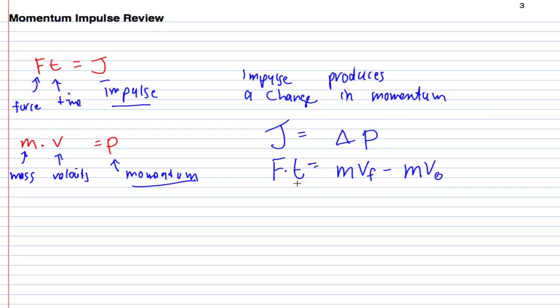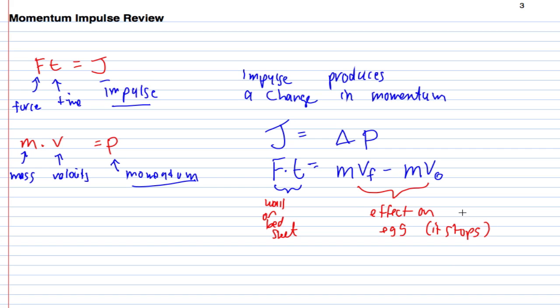So in other words, the force of the wall or the bed sheet acting over time, right? So this part here is the wall or the bed sheet. And this is the effect on the egg, which is namely that it stops.